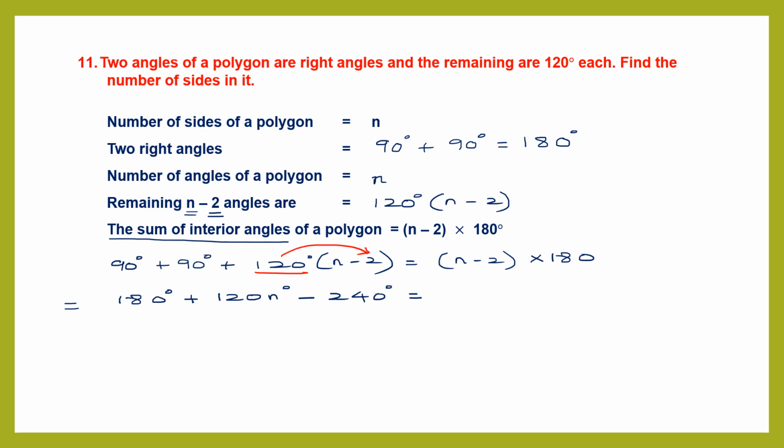Now here also let's simplify. So here we have 180 degrees. Let's multiply that with n first. So that will be 180n degrees minus 180 into 2 is 360 degrees. Now let's get all the n to one side and after solving what we can. Now here we have 180 degrees plus 120n degrees, which we cannot solve, but we can do this.